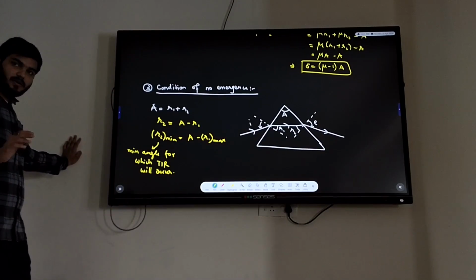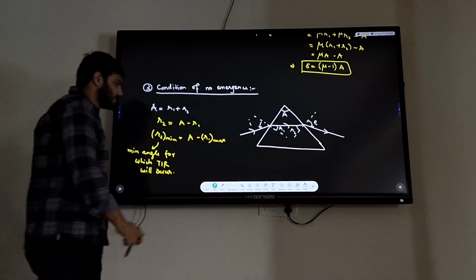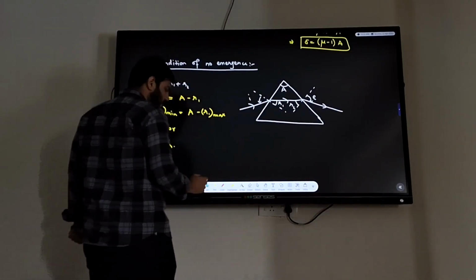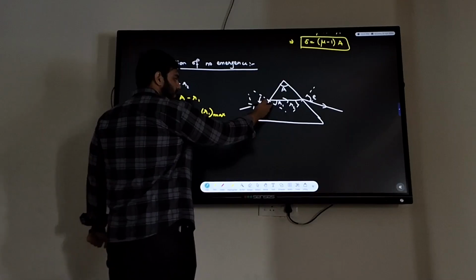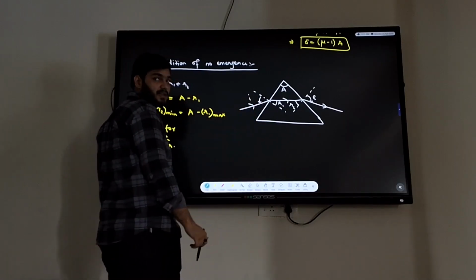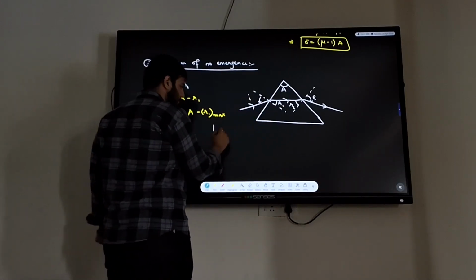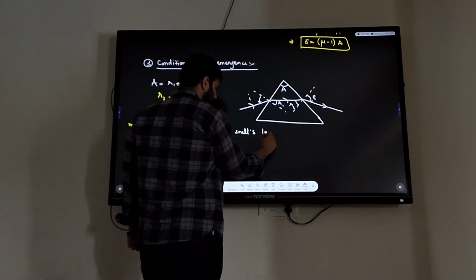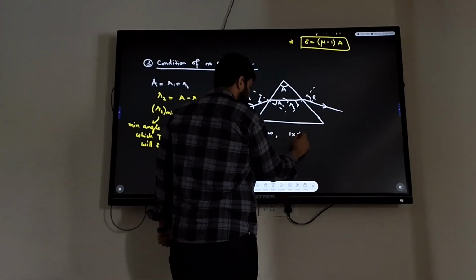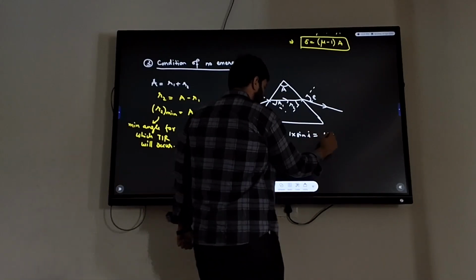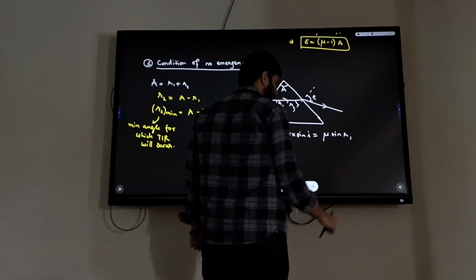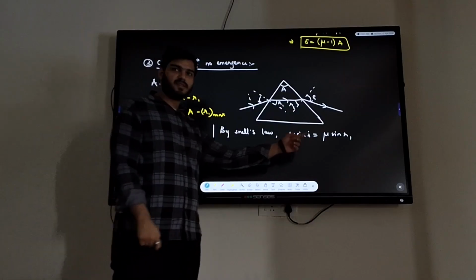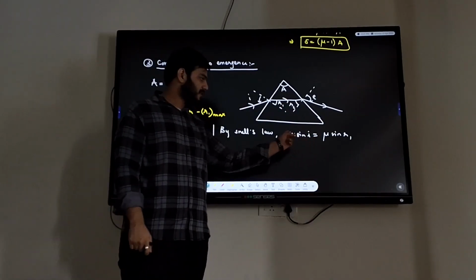But how can I relate the TIR? By the way, what can be the R1 max? I can relate this R1 with I by Snell's law. By Snell's law, 1 into sin I is equal to mu into sin R1. Now this mu is a constant, and 1 goes away.